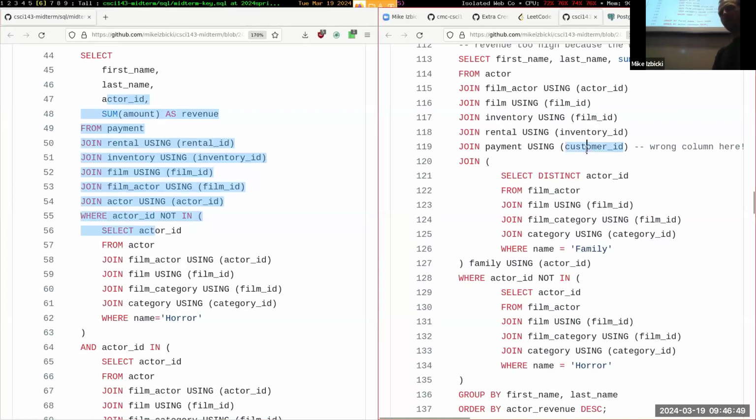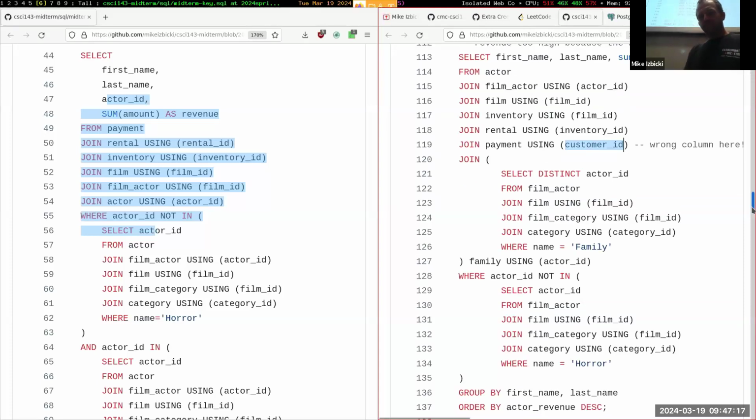There's just a mistake in how the joining was happening: the customer ID is not a correct column to be joining the rental and payment tables together. Doesn't make sense to join those on the customer ID. And so that's doing something very weird, very unintuitive. And this was getting you numbers that were orders of magnitude higher than the real numbers.